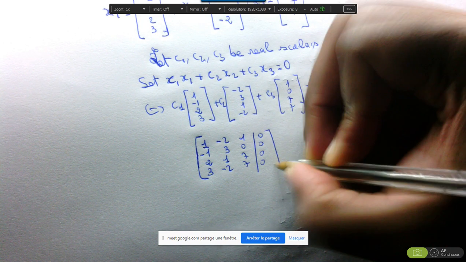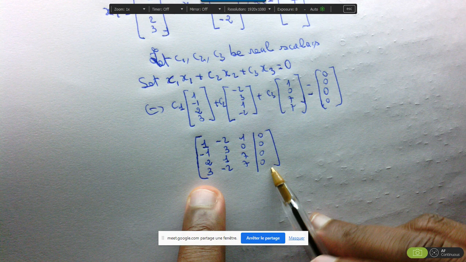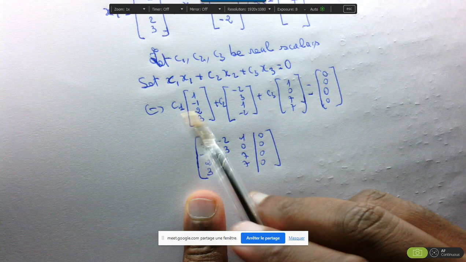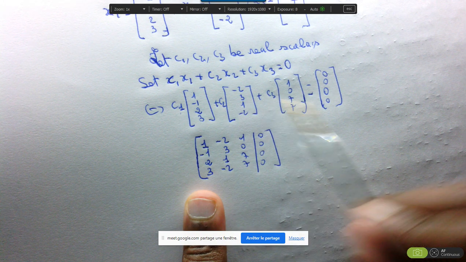If you solve this system, that will give you the values of c1, c2, c3.